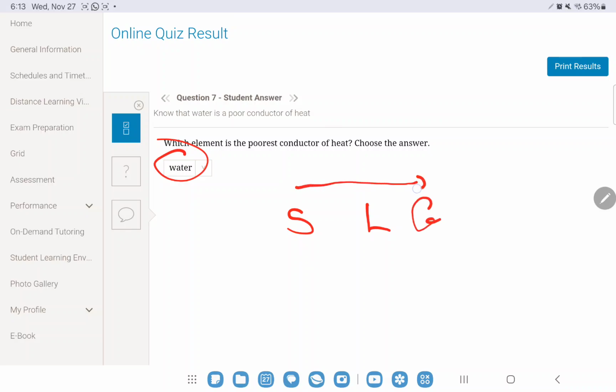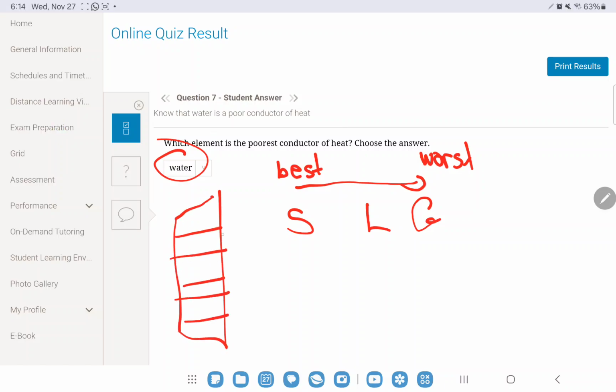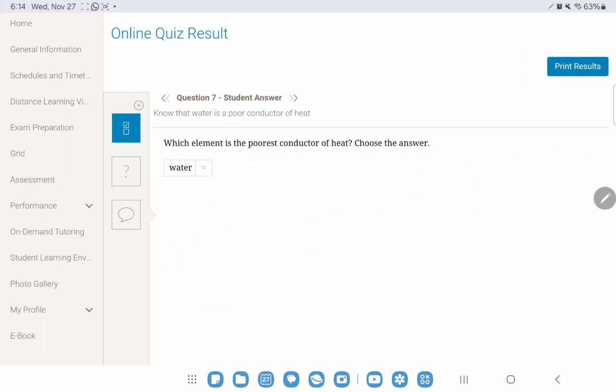Solid being best, gas being worst. So on a list of options, you had solid, solid, solid, solid, solid, and one liquid. You're gonna choose the liquid as the poorest. But if there was a gas, you choose the gas.